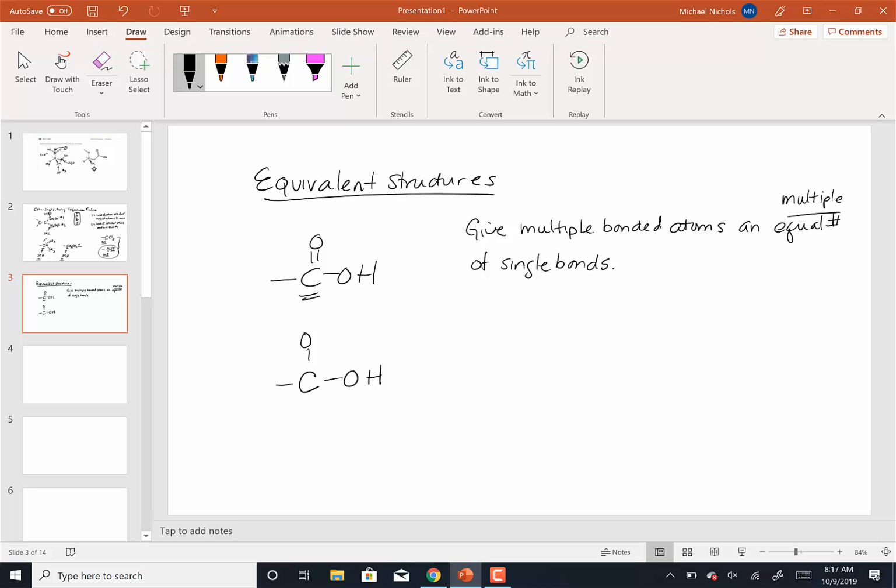Okay, so that makes it clear that the carbon only has three things attached to it. Then I'm going to replace this carbon-oxygen double bond with two carbon-oxygen single bonds. Here is carbon-oxygen single bond number one. I need to add a second. So the carbon-oxygen double bond now is two carbon-oxygen single bonds.